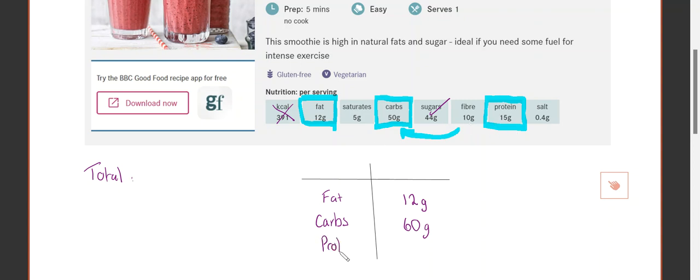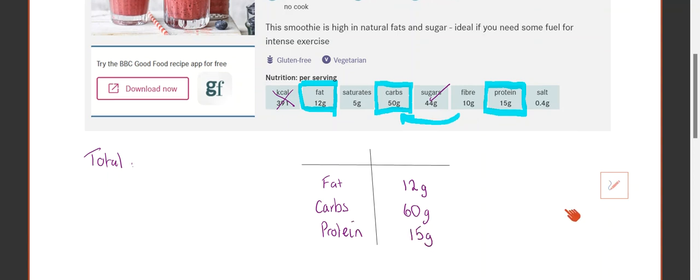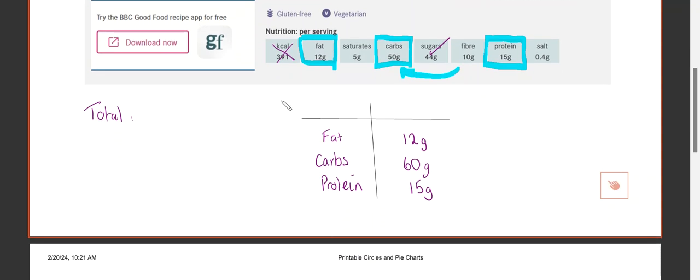And we've got protein. How much protein have we got? 15 grams. And then salt is actually, it's an important one. People want to know how much salt they have, but actually it's not a particular one of those. So I'm going to say, just for us, other. Is anyone sticking salt in their recipe? No. Okay.